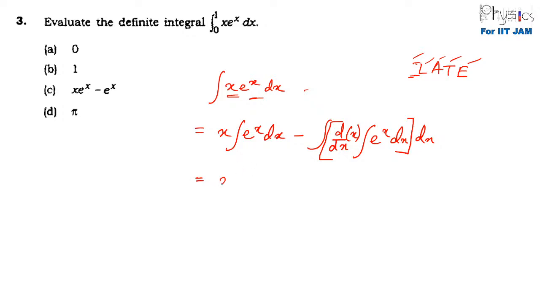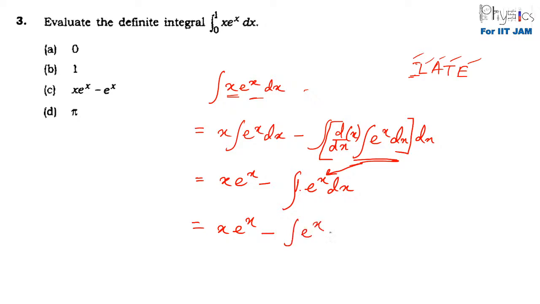So it will give us x times integration of e to the power x dx, which means e to the power x, minus d/dx of x, which means 1, times e to the power x dx, right? Because it gives us e to the power x. So x e to the power x minus integration of e to the power x dx, right?